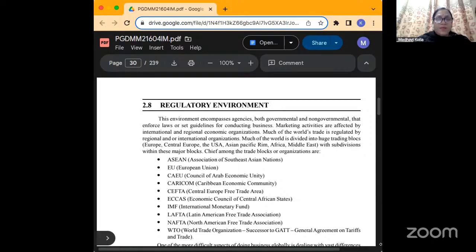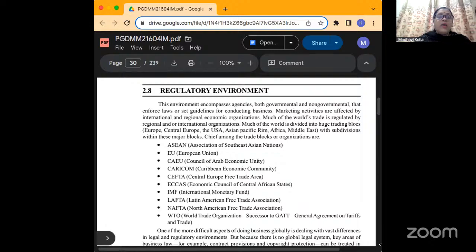In a macro environment, which is outside a business's controllable factors, regulatory environment plays a key role. That means this would be in terms of the law of that particular nation. So much of the world's trade is regulated by regional or international organizations. We touched upon this a little yesterday, and we'll be talking a lot more today.